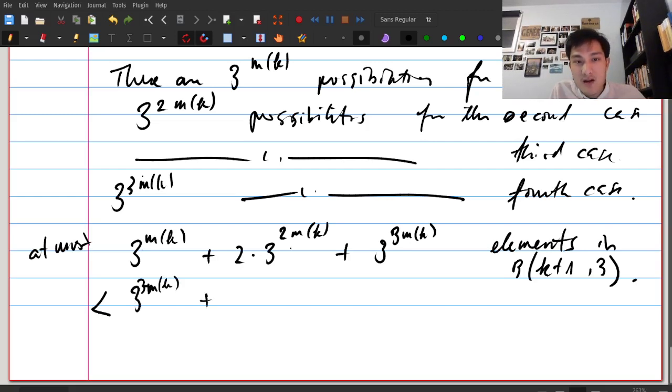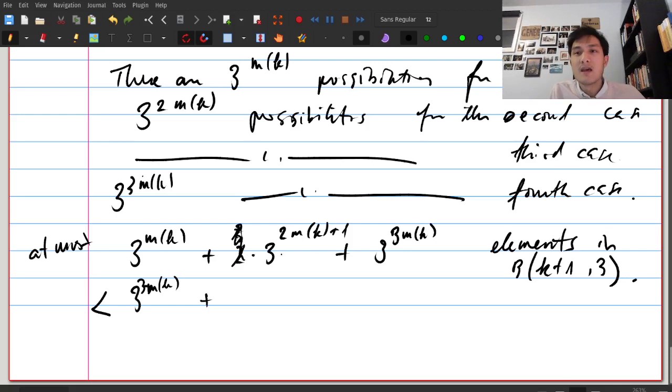This is 2 times 3 to the 2MK. So actually, it's less than 3 times that. So if we change this 2 to the 3, it'd be less than that still, and then that would be 3 to the 2MK plus 1, right?